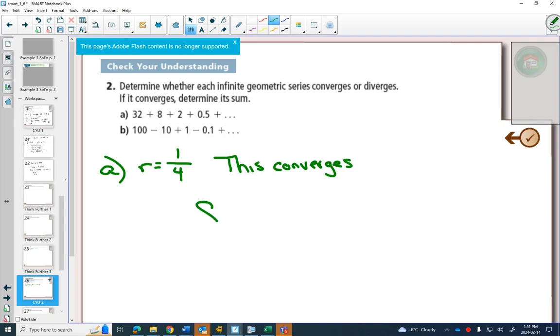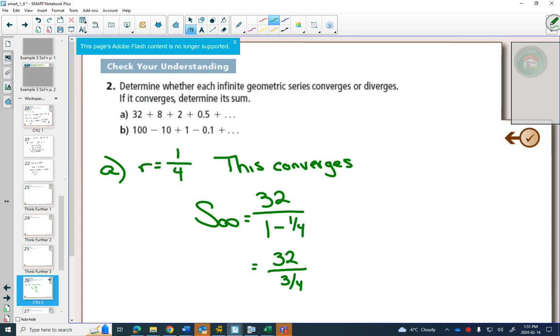And we can use the formula then and say term 1 was 32 over 1 minus r. This would give us 32 divided by 1, which is 4 over 4, minus 1 over 4, which is 3/4.